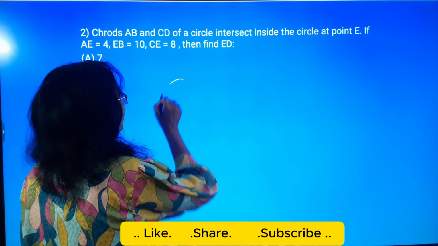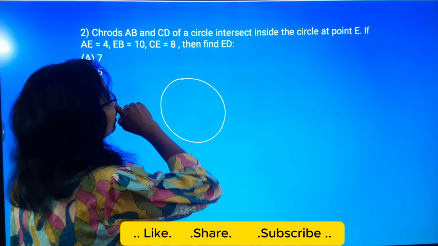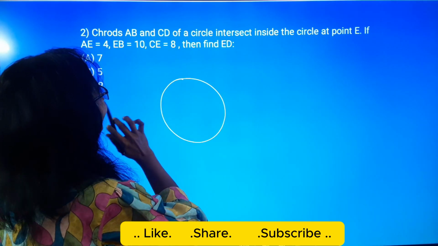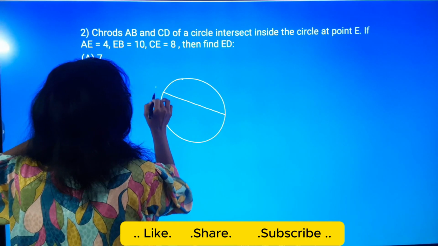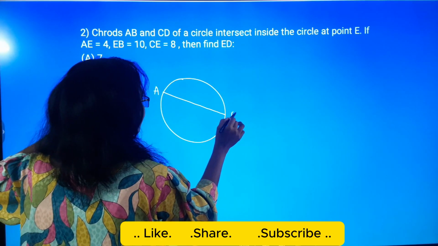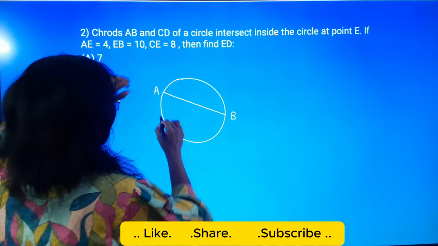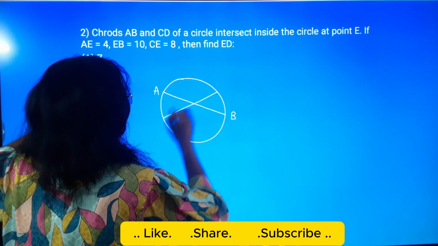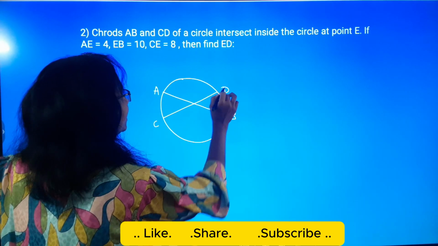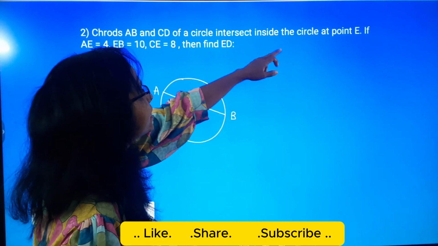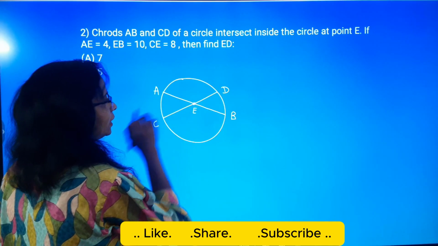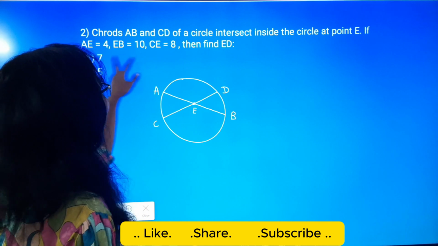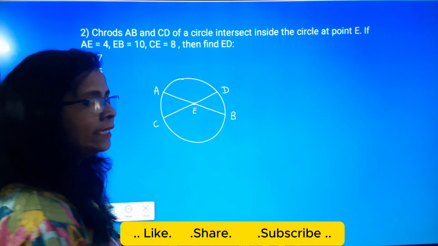Suppose this is the circle, and there is a chord AB. Then there is a second chord CD, and they intersect inside the circle at point E. Then we can find out ED.